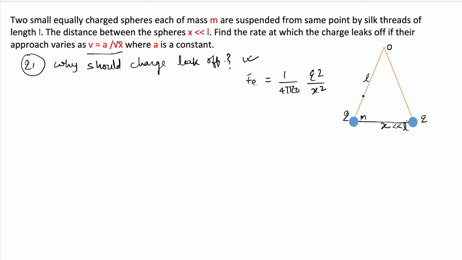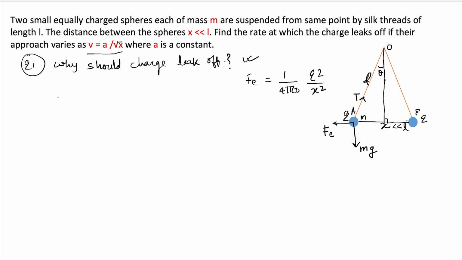Let's assume that the tension is T in the string, and let's take this angle as theta with the vertical line here. The weight is mg, and let's say the electrostatic force is Fe.